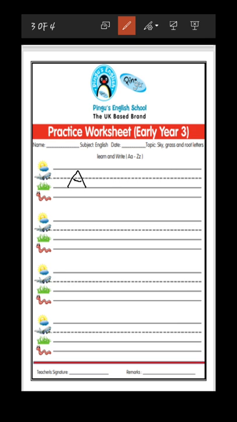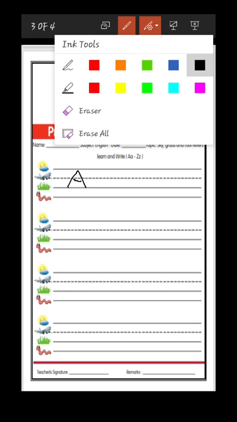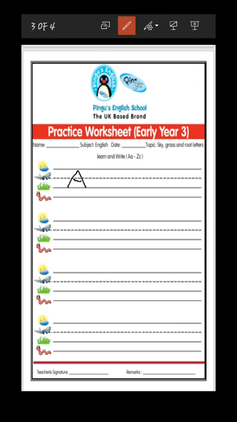So is this a sky letter, grass letter or root letter? Letter a can come in middle 2 lines, right? So for a grass letter, you have to select the green color and write over here with the green color. You all have to write all the grass letters with green color like this.